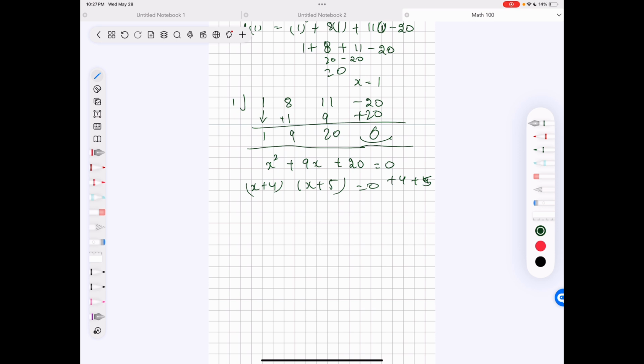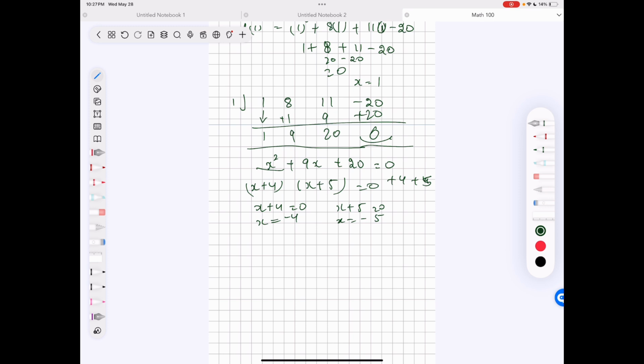Therefore, this is our factoring for this equation. We have two factors now. We can set them equal to 0. x plus 4 equal to 0 would give me x equal to minus 4, and x plus 5 equal to 0 gives me x equal to minus 5.